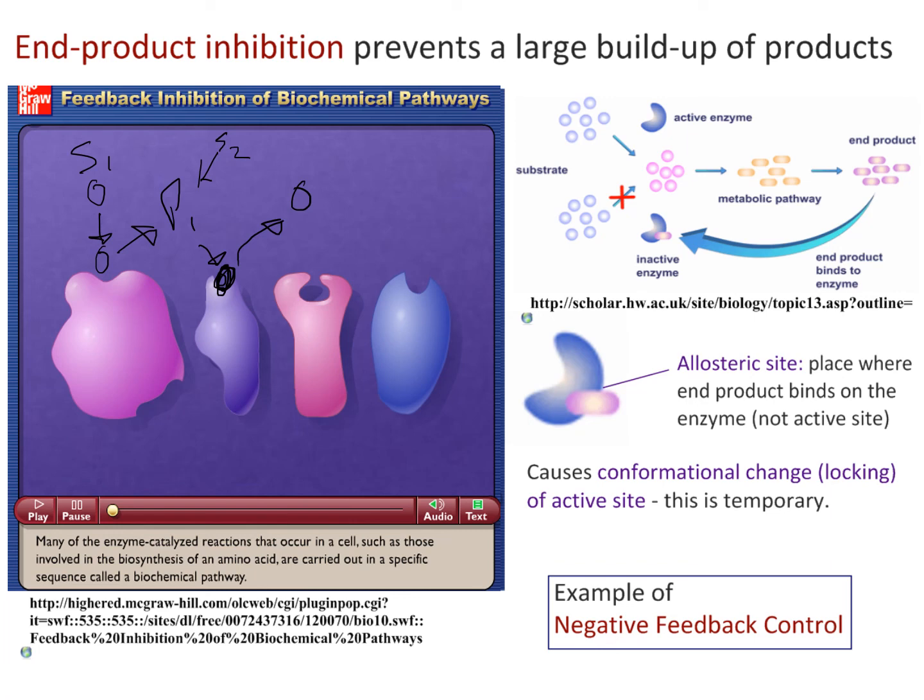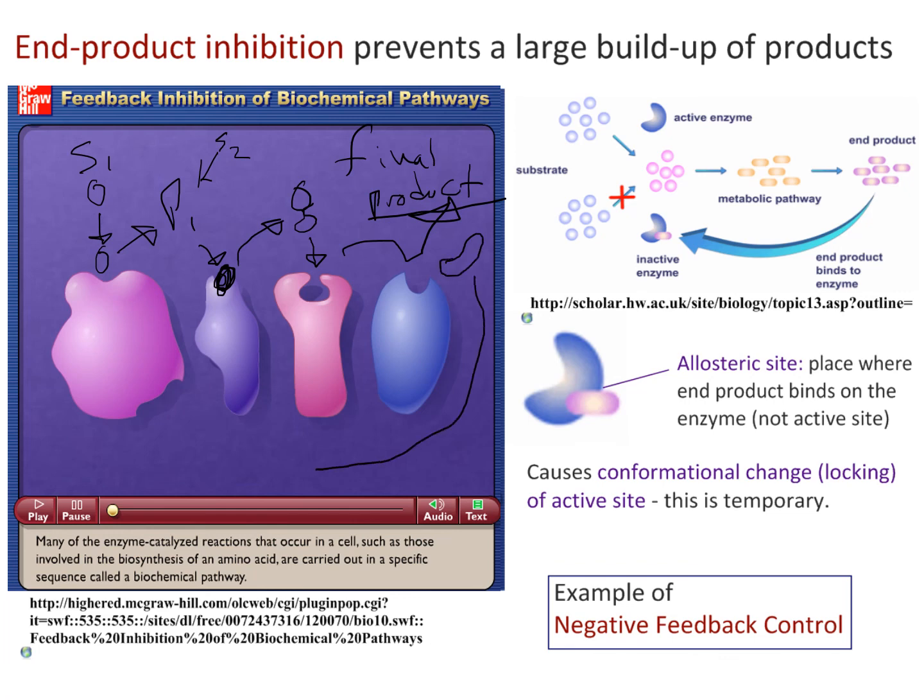It's kind of like an assembly line in a factory, and this product fits into this active site, and finally we get a final product. And this final product is a molecule that is shaped like this.